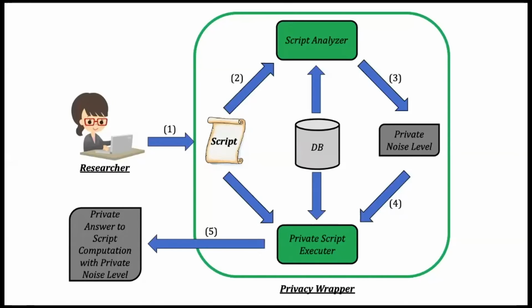Because the researcher is allowed to submit a script that could be arbitrary, it could have unbounded sensitivity. And as such, we won't be able to actually add sufficient noise to protect the presence or absence of any one individual. So this suggests that we will require a privacy definition that allows for a privacy bound to be met with high probability.